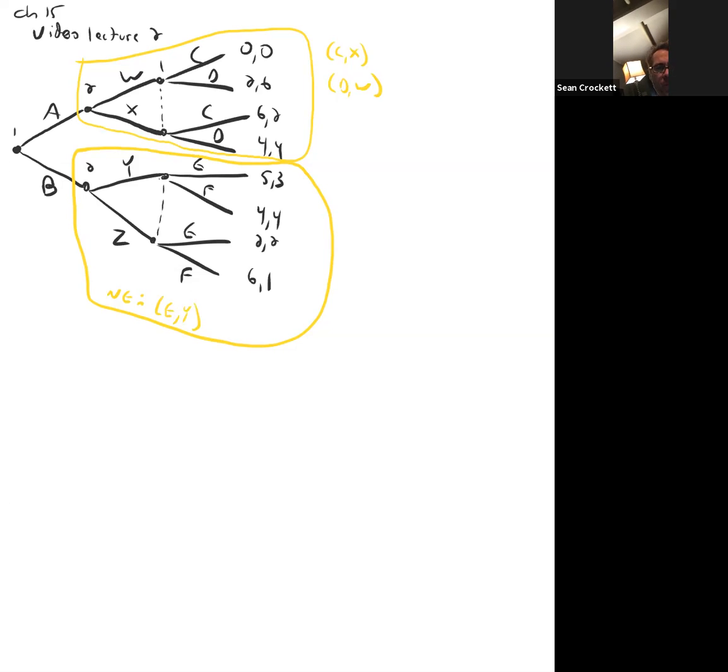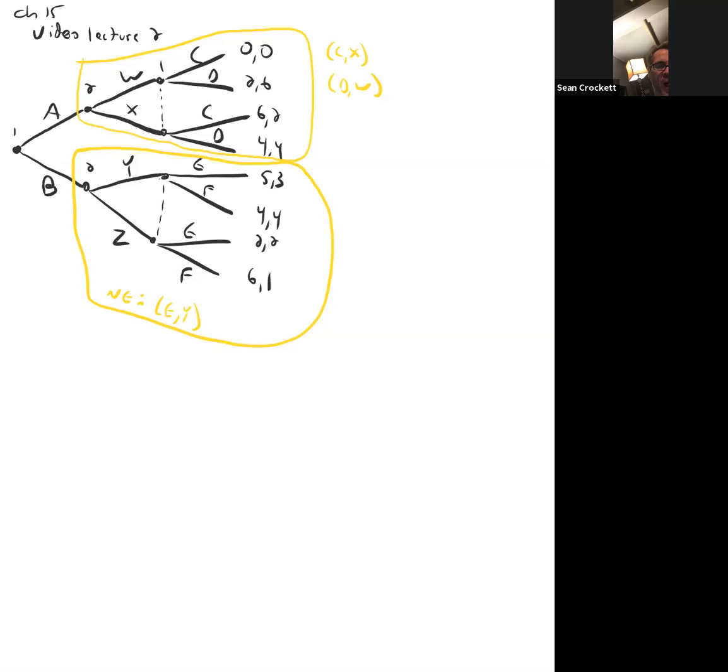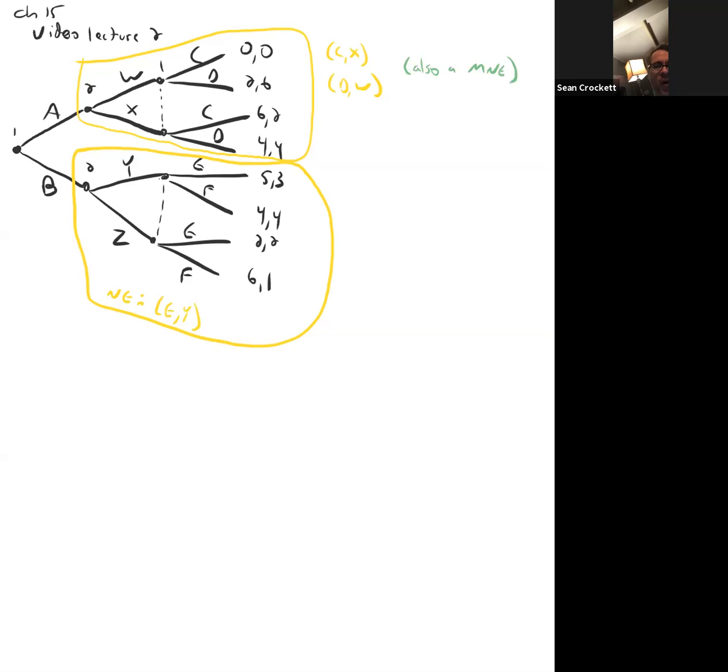So in the subgame perfect Nash equilibrium, we know that in the top we must either play CX or DW, and in the bottom we must play EY. There's also a mix up there in the top, but let's forget about that for now.